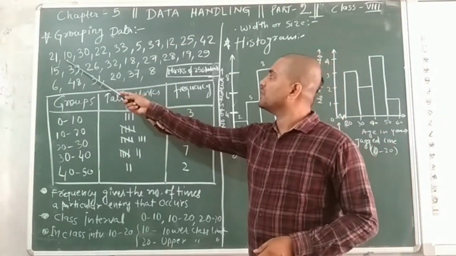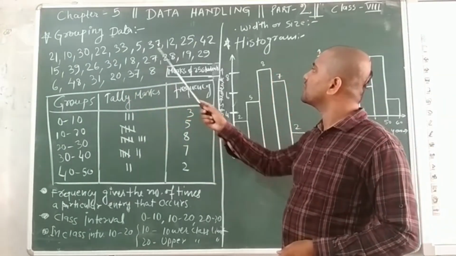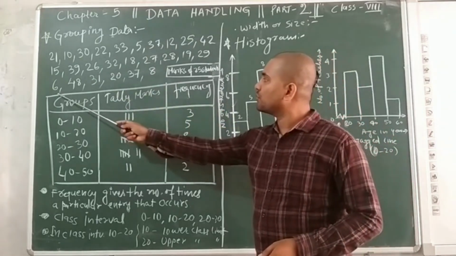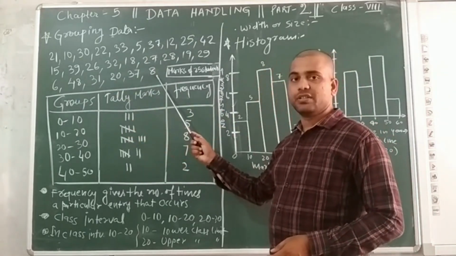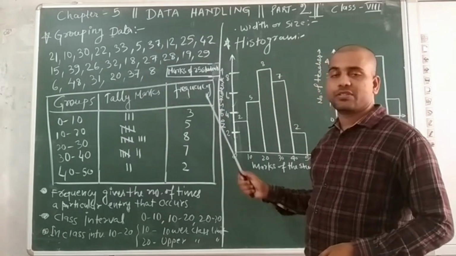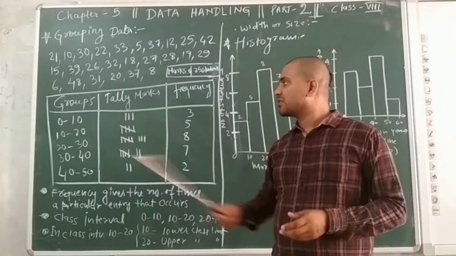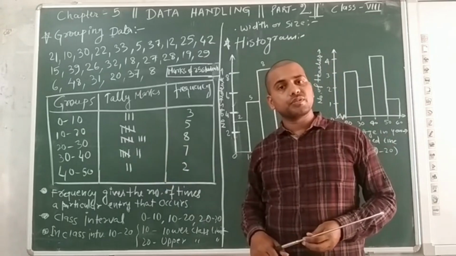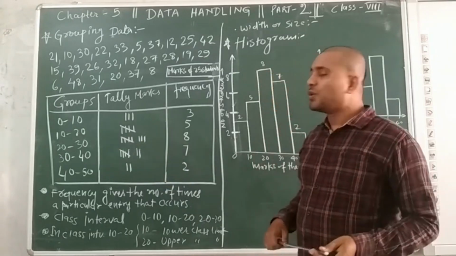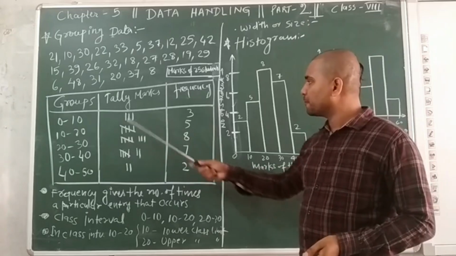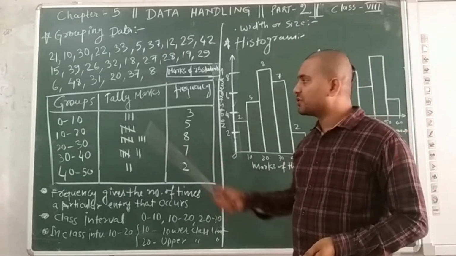So we will see 1, 2 and 3. Dear students, 3 students have scored marks between 0 and 10. So I have written 3 here.